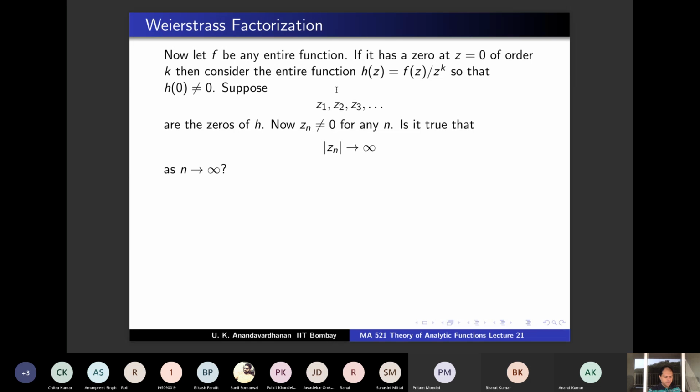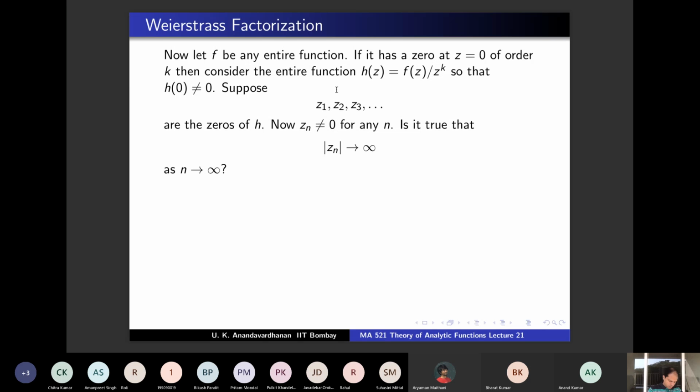What do you say? Here we are assuming that we have infinitely many zeros, right? Yes. Then we can say that. Why?